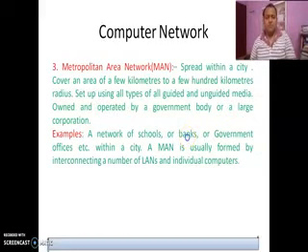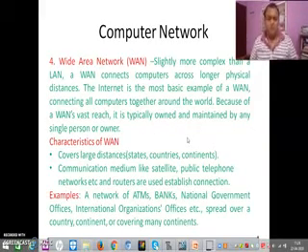Next, I want to throw some points on the WAN, wide area network. It is slightly more complex than a single LAN. A WAN connects computers across large physical or geographical distances. The internet is the most basic example of a WAN. It connects the northern part to the southern part, the eastern part to the western part, connecting all computers together around the world.